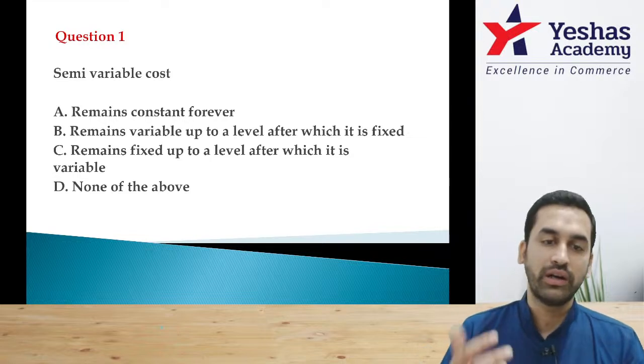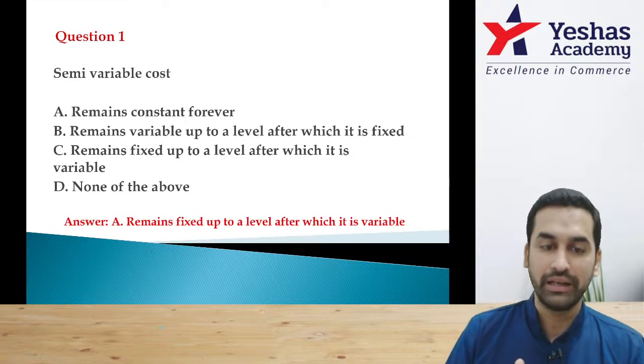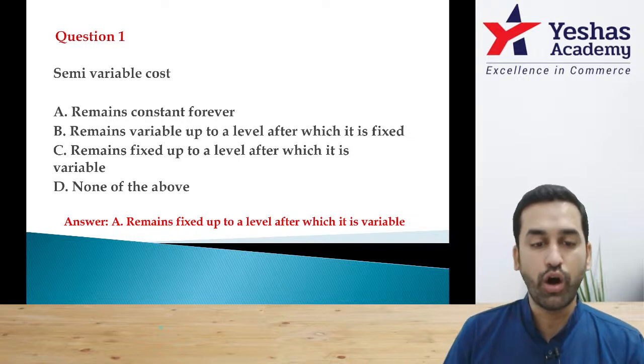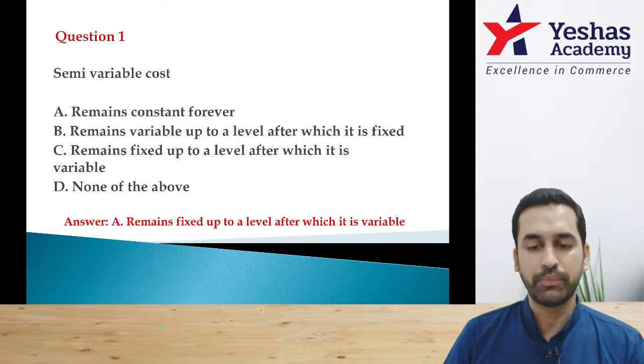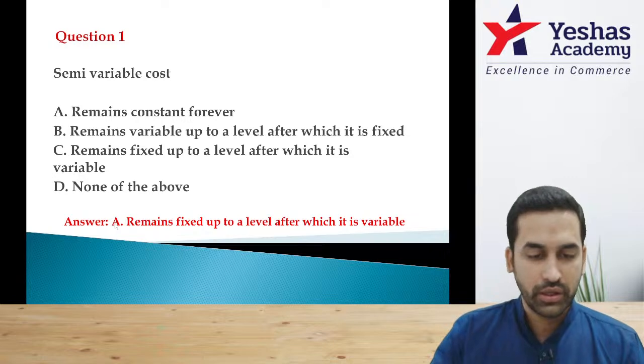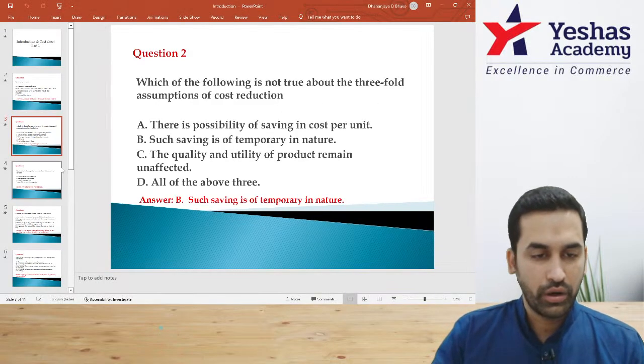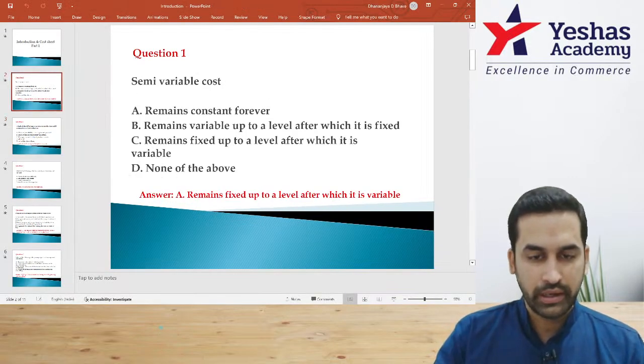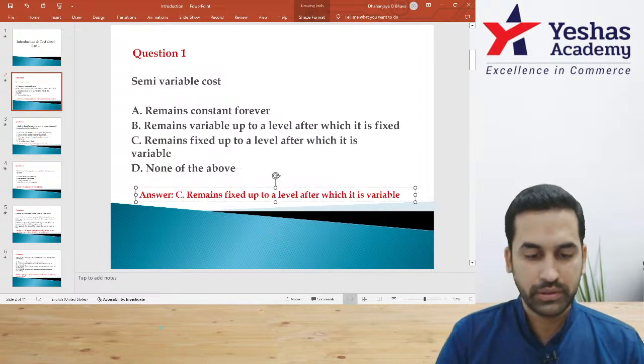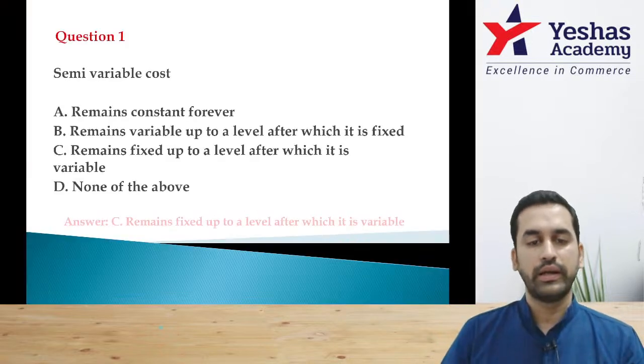So that is why it is called semi-variable cost, partly fixed, partly variable. The correct option is C, remains fixed up to a level after which it is variable. Let me just correct that now. Option C is the correct answer.